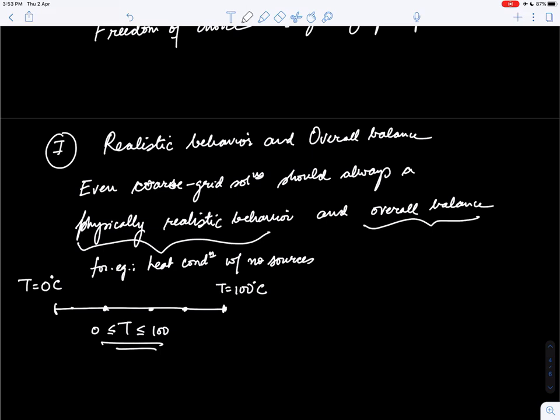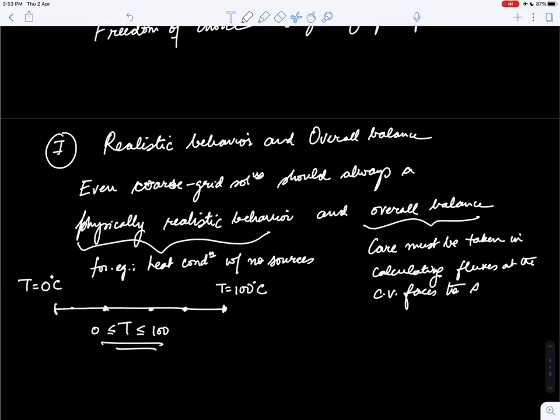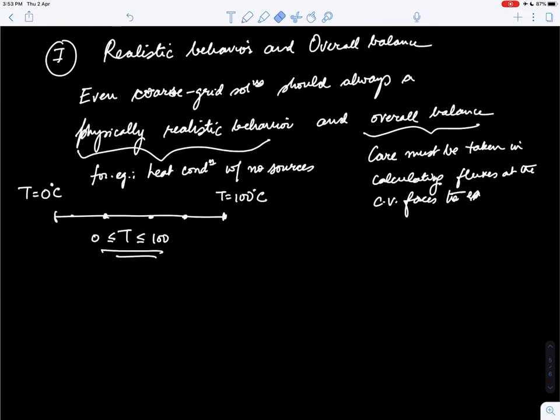So we need to take a lot of care in calculating fluxes at the CV faces, to ensure integral conservation.